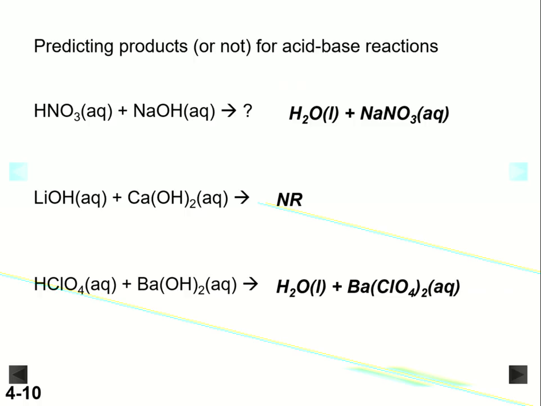So the reaction is not balanced there. But in this case, we're simply predicting products. And on your next exam, you'll have an opportunity to do this as well. So you may have some where you're not looking at balanced reactions, you're just saying, do we see a reaction or not? And if so, what do we expect to see for products?